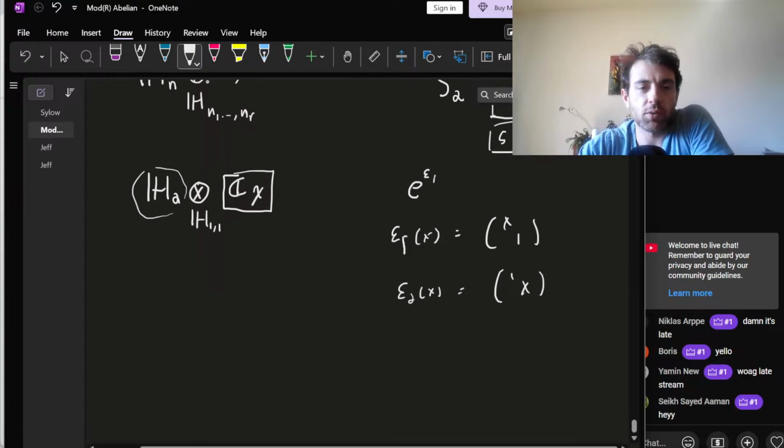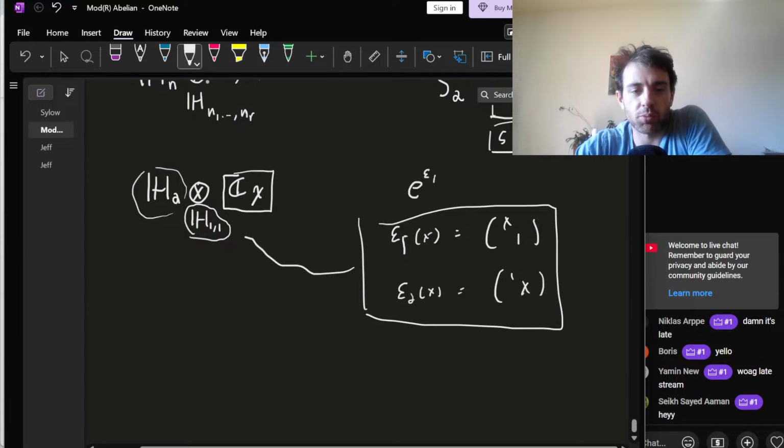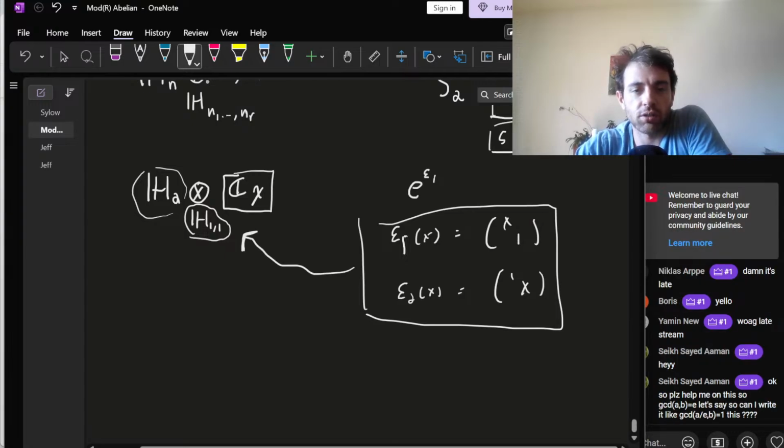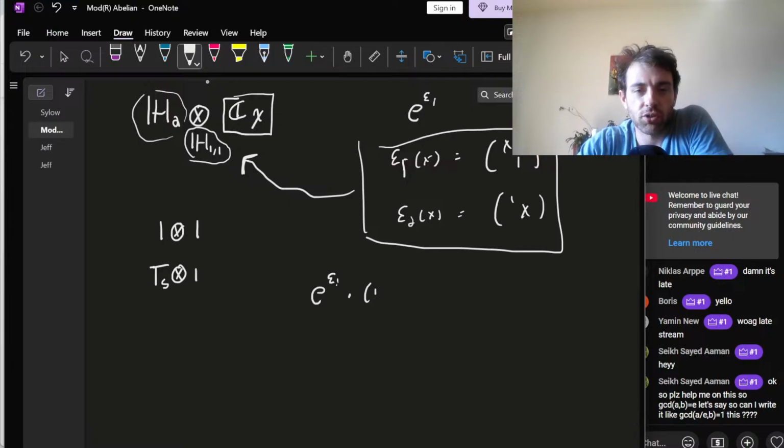But then, if we take one of these one-dimensional representations and we tensor over this, these two things span the subalgebra, so those are entirely determined. And so upstairs we just have two basis elements, 1 tensor 1 and T_s tensor 1. However e to the epsilon_i acts on 1, because that belongs to the subalgebra, it'll just be 1 tensor whatever scalar you get from this action.